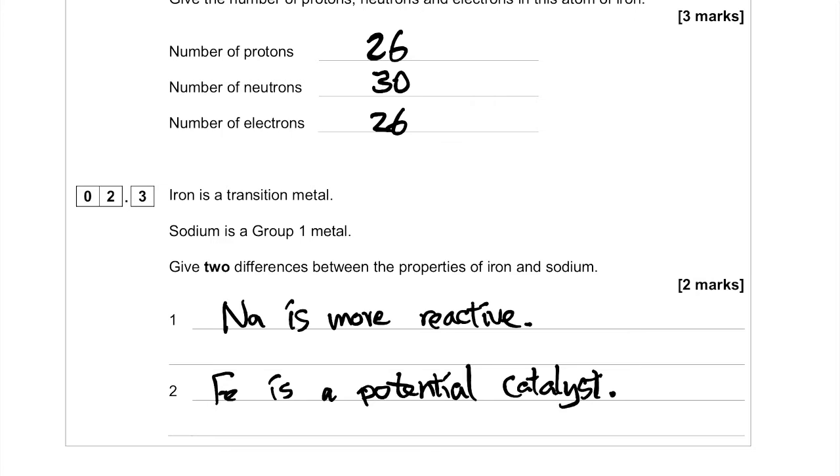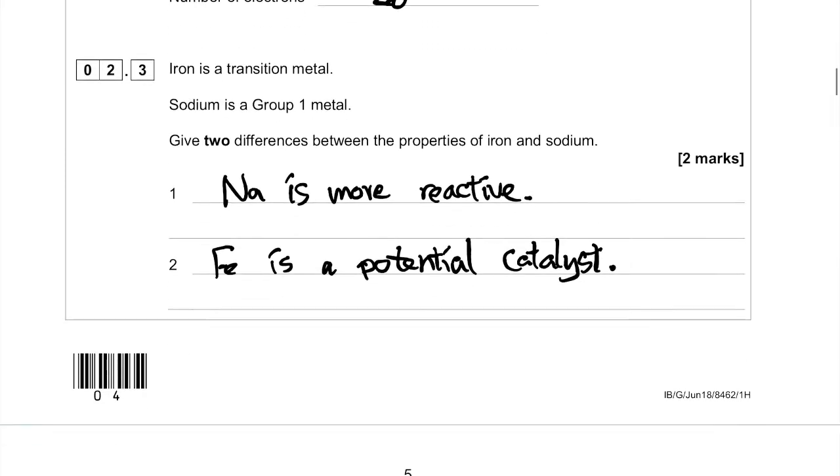Iron can have a 2+ oxidation state and 3+ oxidation state, whereas sodium can only have 1+. And iron makes hydroxide compounds that have a color, whereas sodium hydroxide is colorless. So things like that all would score you different marks, and as long as you can give any two, you can get the 2 marks in this part of the question.